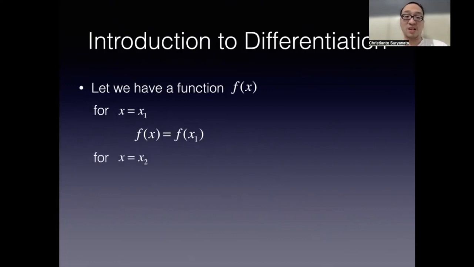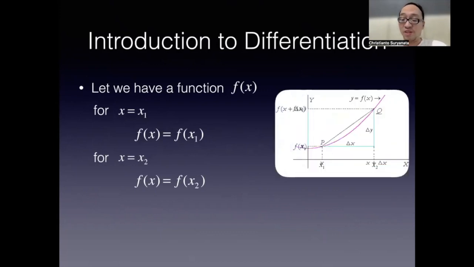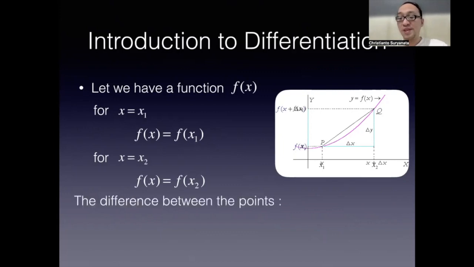And for the second point, x equals x2, I will have the y value f(x2). If I draw this random function, the two points P and Q represent x1 and x2, and we have a separation between x1 and x2 as delta x in the picture.